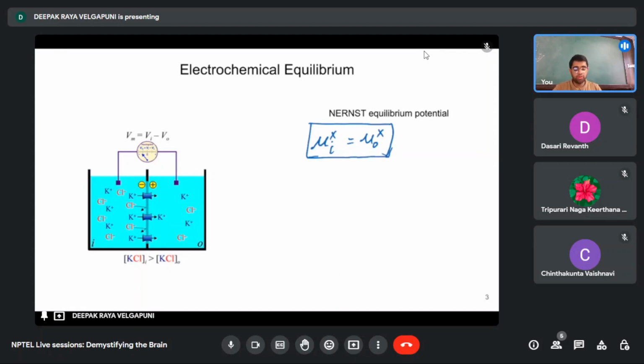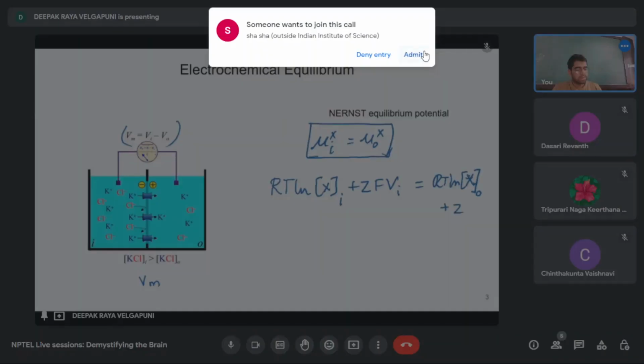It tells how to quantify this potential Vm that we are considering here. The standard potentials cancel out, and the only thing left is RT ln Xi plus ZF Vi equals RT ln X concentration outside plus ZF Vo.